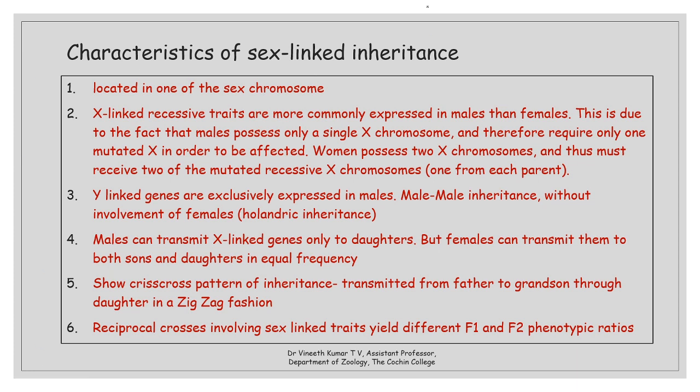So what happens is, in the case of X and Y, if I take a male with X and Y chromosome, and I'm taking a female with two X chromosomes.